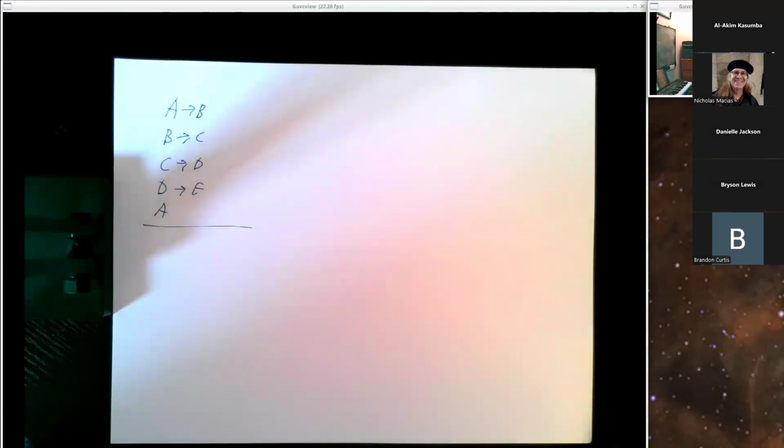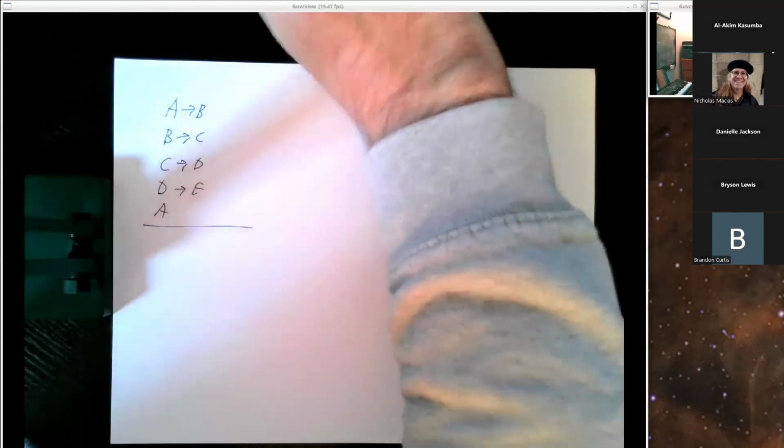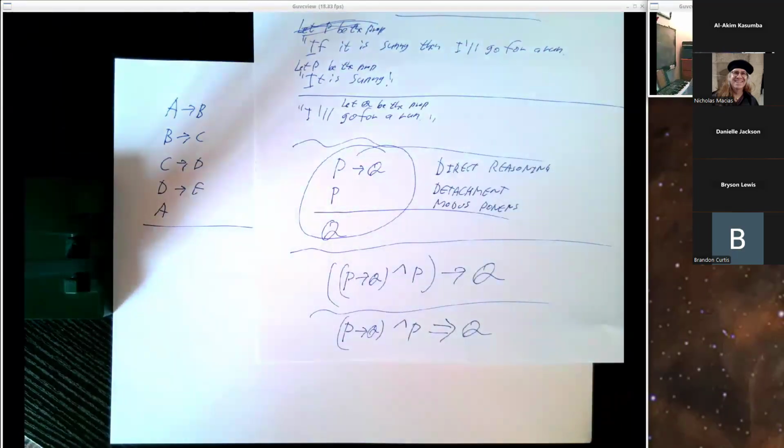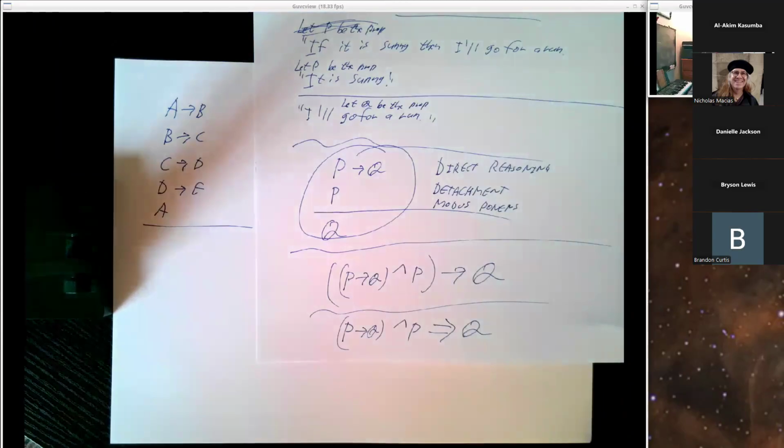What else do I know is true? Using just this idea of direct reasoning or modus ponens. B, C, D, and E are all true. Absolutely. B, C, D, and E are all true.